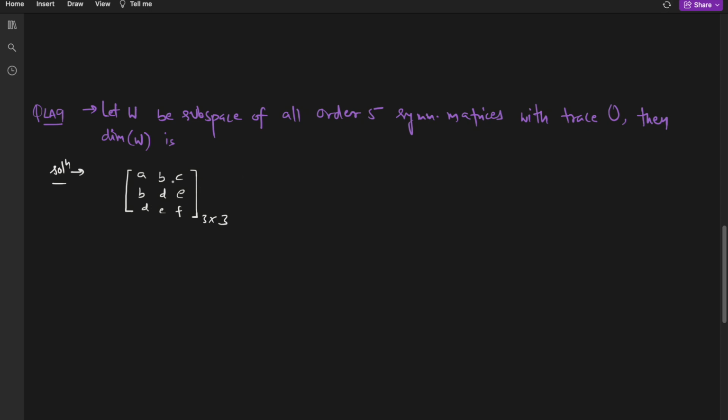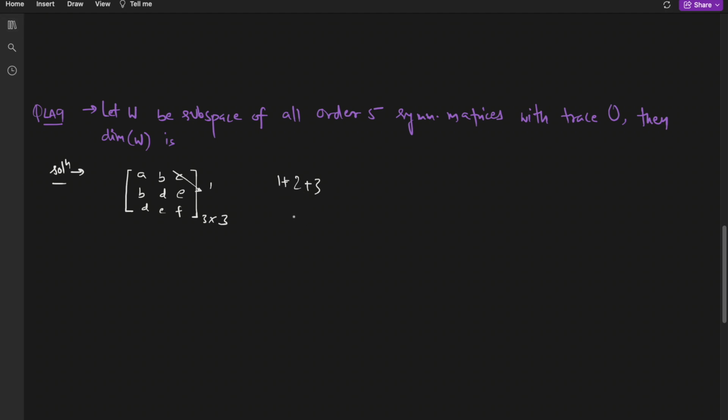Okay, so for any matrix, this element, these two elements and these three elements will be the ones which are unique, right? So for example, the number of unique elements here is 1 plus 2 plus 3. But this can be generalized for higher order matrices, right?